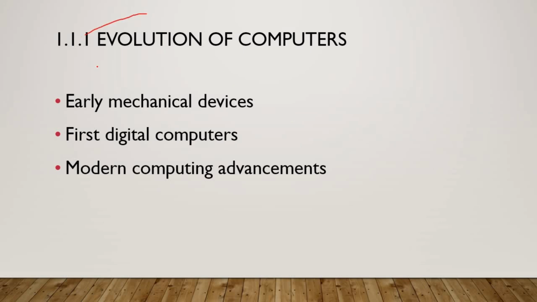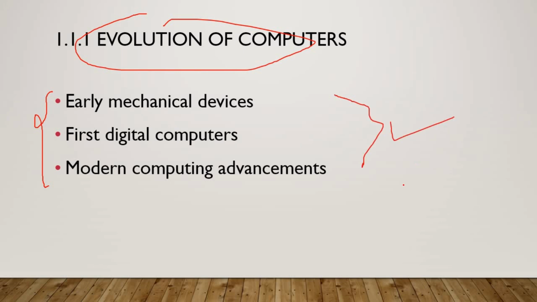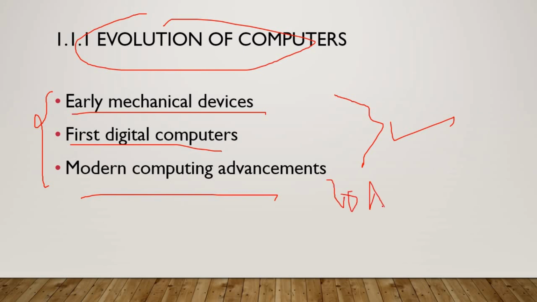So this evolution of computers we have classified into three general paradigms, just for our class lecture purpose, for clarity. We have early mechanical devices, first digital computers, and modern computing advancements. The modern computing advancements are about AI and machine learning, which is today's technology.